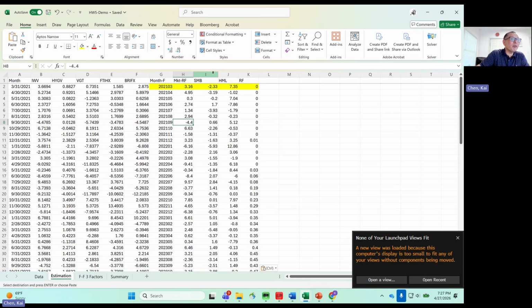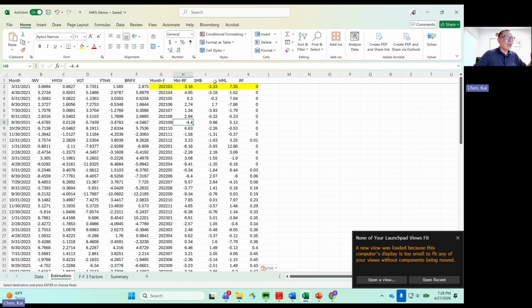SMB represents a portfolio, in which we have long positions and short positions. The long position is a small size portfolio, and the short position is a large size portfolio.